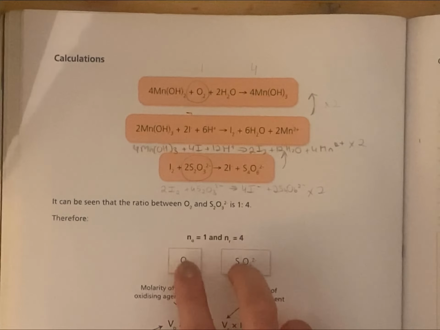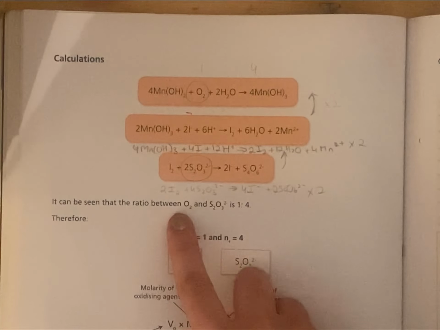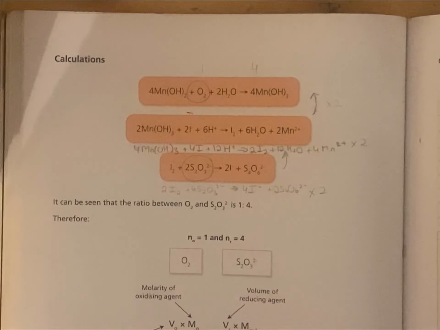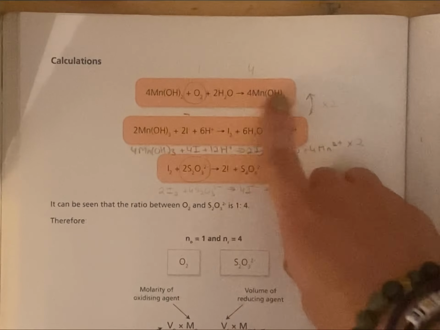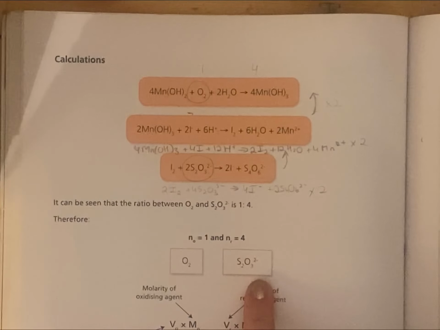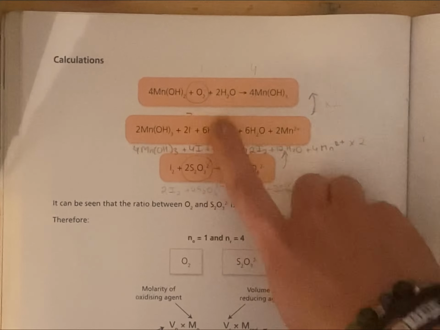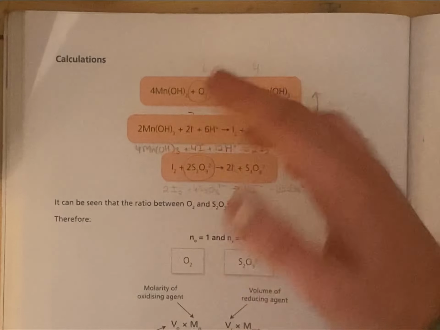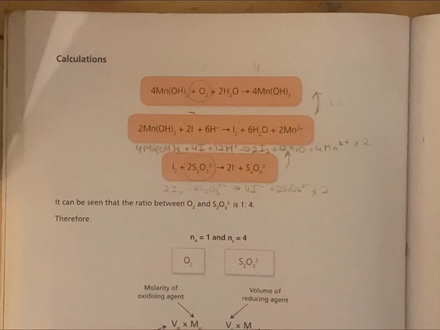So we need to link these two somehow to get the ratio between them to be able to use this formula. You can see that they're not actually together in any of these equations. The oxygen is here, the thiosulfate's down here. So we need to balance them out or link them in some way.